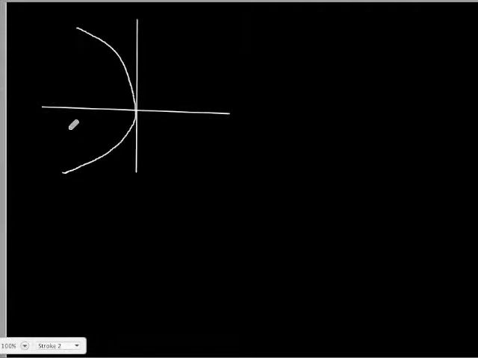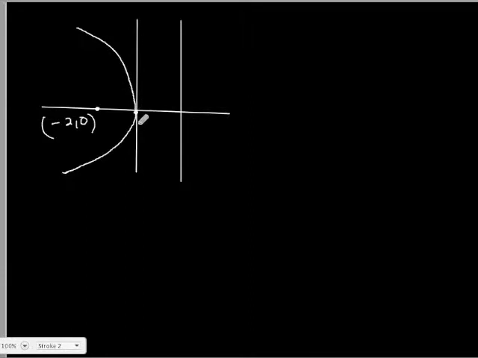Okay, the next concept is the directrix. What is directrix? So let's go ahead and look at a left-facing parabola. If the focus is at negative 2, 0, then the directrix would be equidistant on the other side of the vertex.